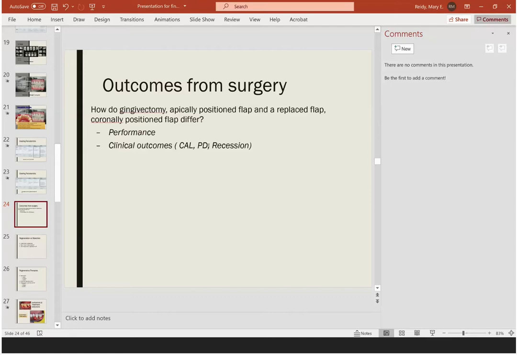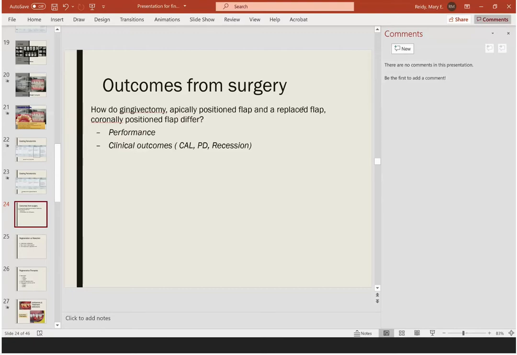So we know that any flap will start with an internal beveled incision, and the gingivectomy is the only one that has the external beveled incision. And then in terms of clinical outcomes, we would expect recession after the gingivectomy and the apically positioned flap.